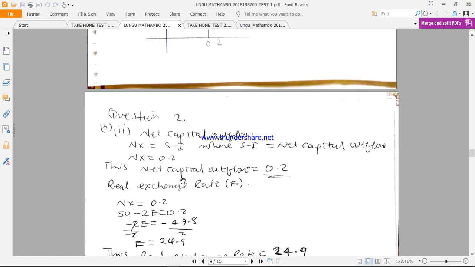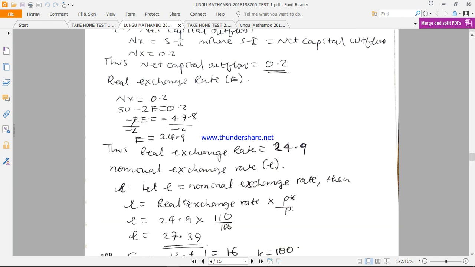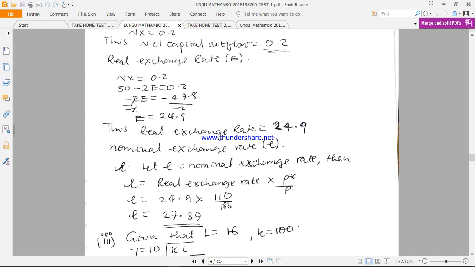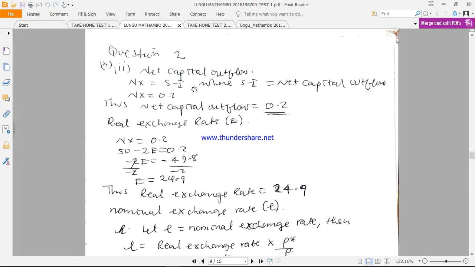Which is that one? 24.9. Okay, we found that one because that was the real. I think the only thing that we did not find is the nominal, which we get from, remember this equation. How do we get the net capital outflow? Net capital outflow is just the difference between savings and investment.